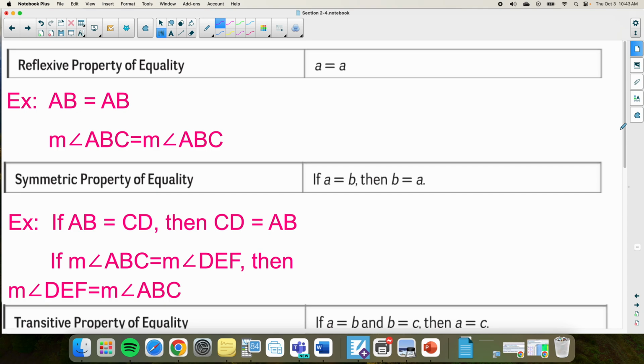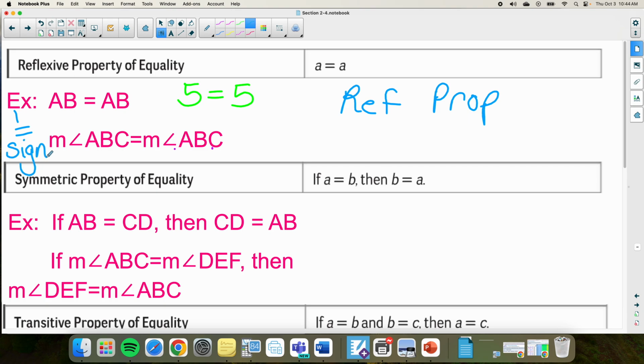This is the measure of angle ABC equals the measure of angle ABC. It could be 5 equals 5. It could be A equals A. Anytime something is equal to itself, that is reflexive prop. And that's how I abbreviate that, okay? So I want you to notice that each of these only has one equal sign.